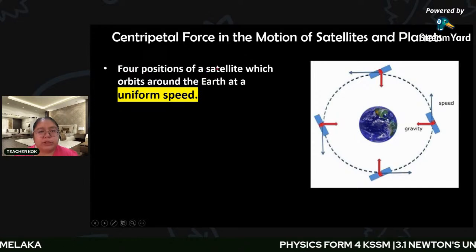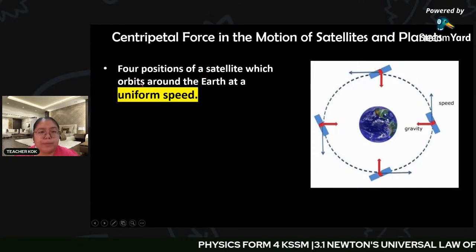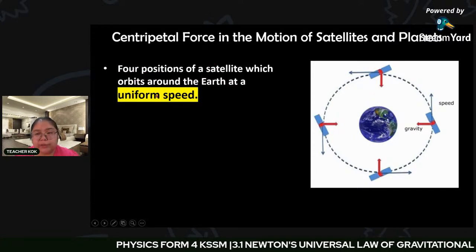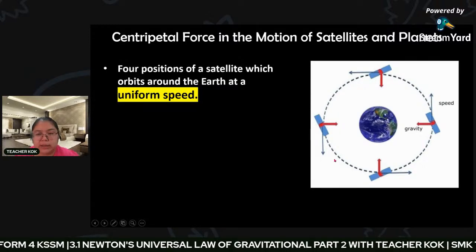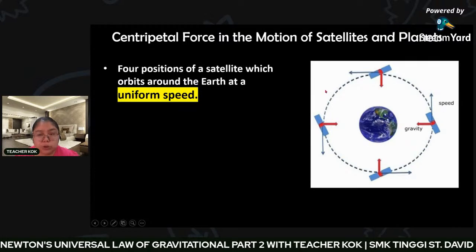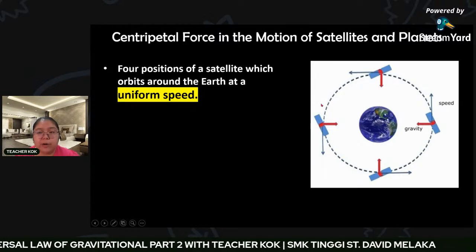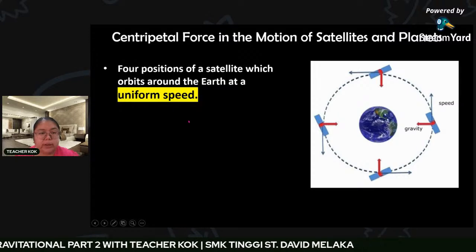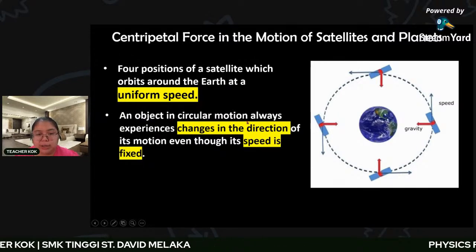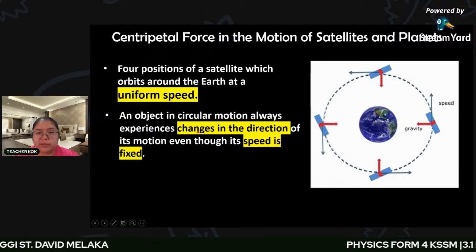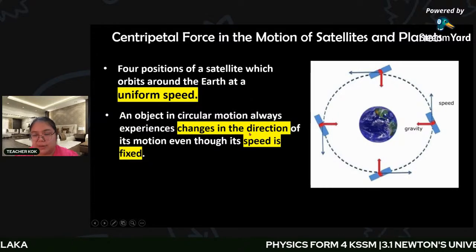For the position of a satellite which orbits around the earth at uniform speed, the speed should be uniform. Now an object in circular motion always experiences changes in direction. Agree?